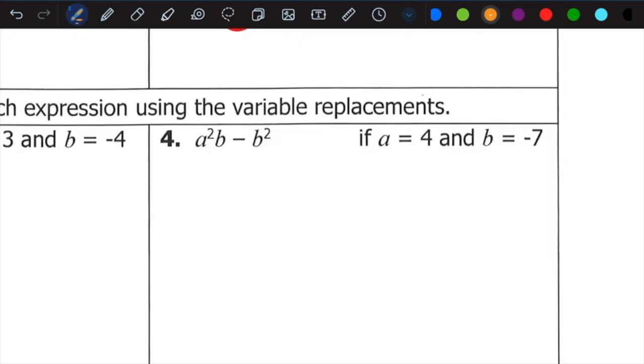Number 4, a squared b minus b squared again, but now a and b are different numbers. So let's try this out. 4 squared times -7 minus -7 being squared. So this time again, that -7 is inside the parentheses with the negative there. So we get 16 times -7, my apologies, minus 49.